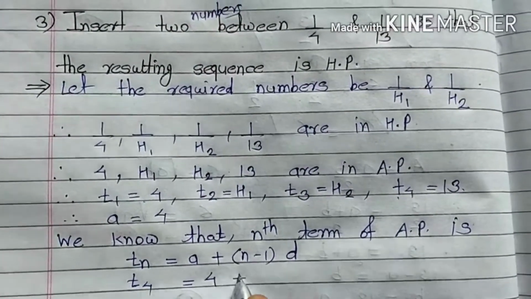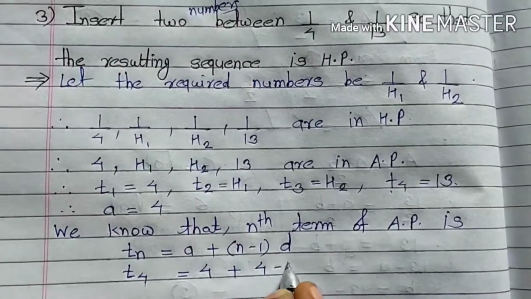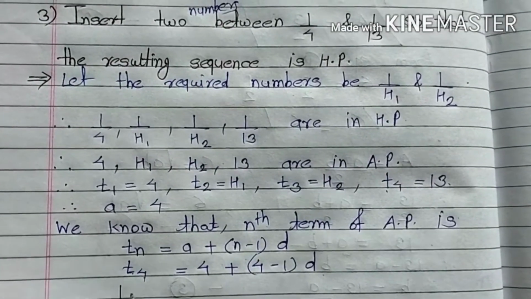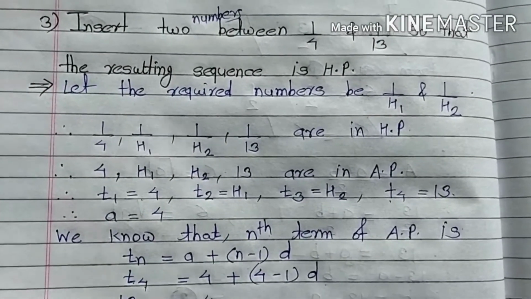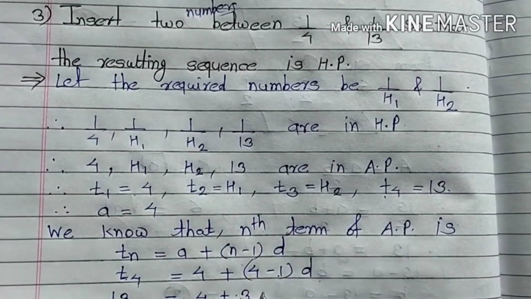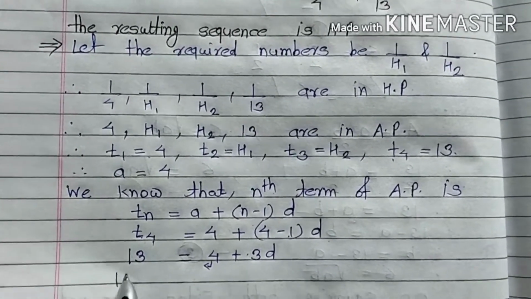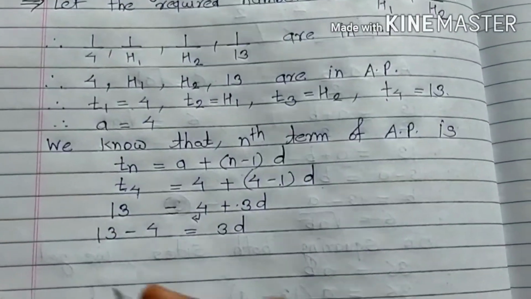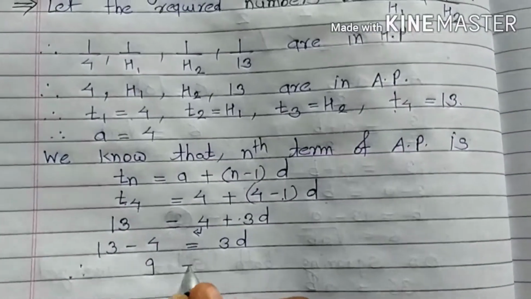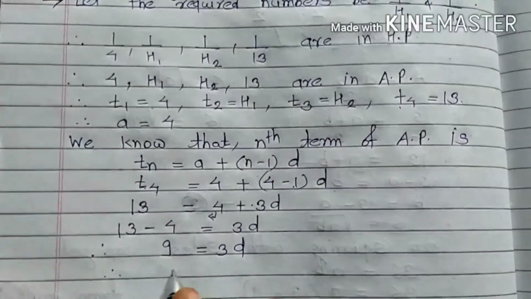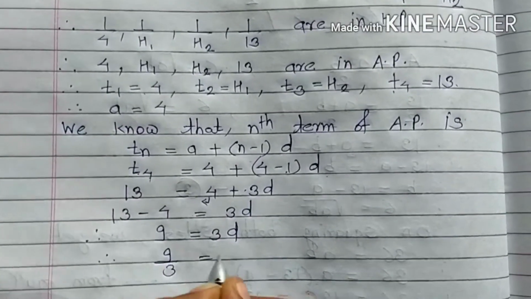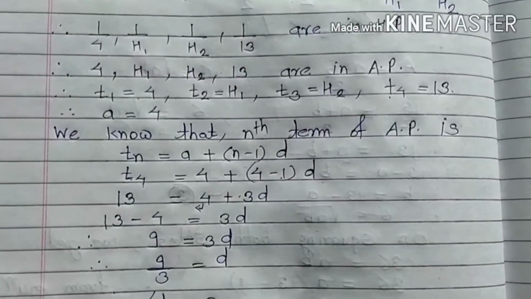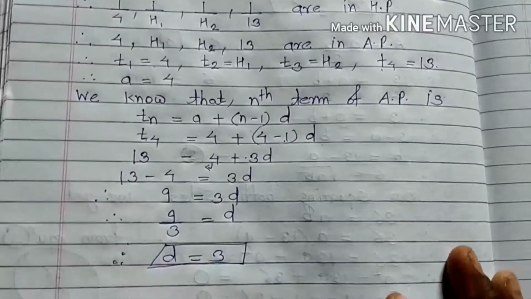A is equal to 4 and the value of n is 4. So 4 minus 1 into D. But T4 is given, which is 13. So 13 equals 4 plus 3D. Take 4 on this side, so 13 minus 4 is equal to 3D. Therefore 9 is equal to 3D. So 9 upon 3 is equal to D, means D is equal to 3. So here we get the value of D.